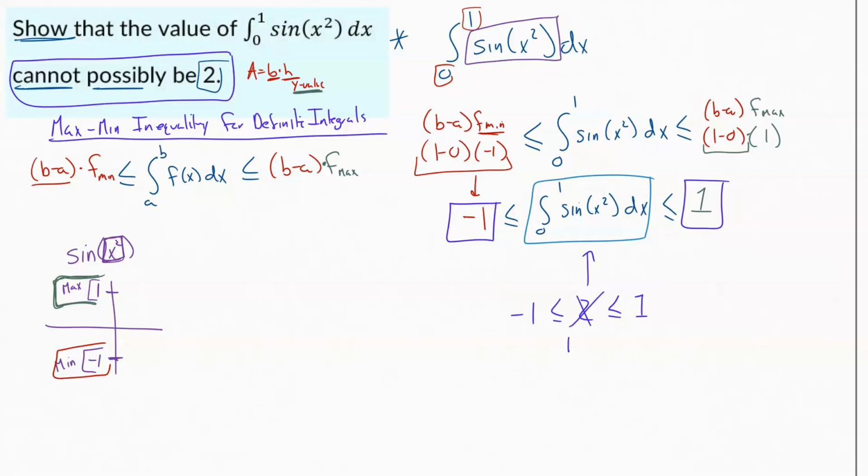So not possible. Something really scary looking notation-wise is a really straightforward idea. Max-Min inequality: you're just doing a small rectangle with your minimum value, a large rectangle with your maximum value, and you know that your actual integral has to live somewhere between those two.